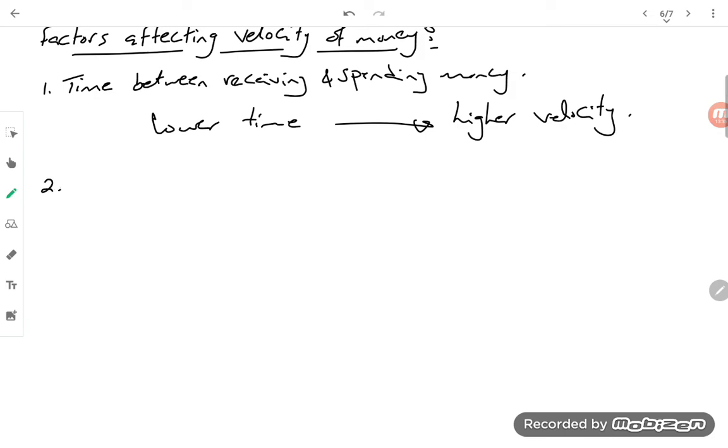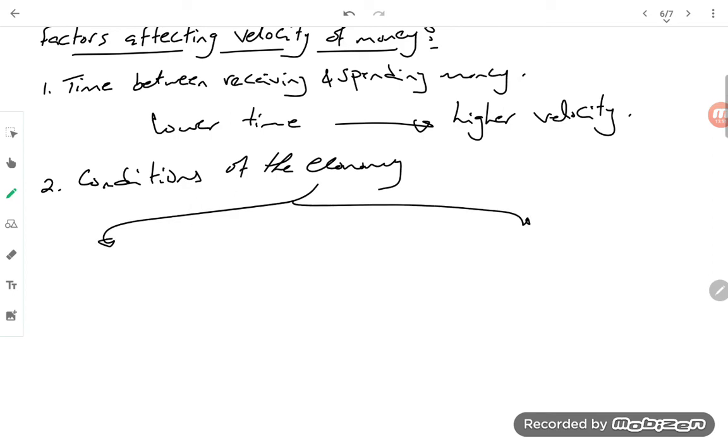Number two, conditions of the economy, whether there is a recession or expansion. During a recession, demand is going to decrease.